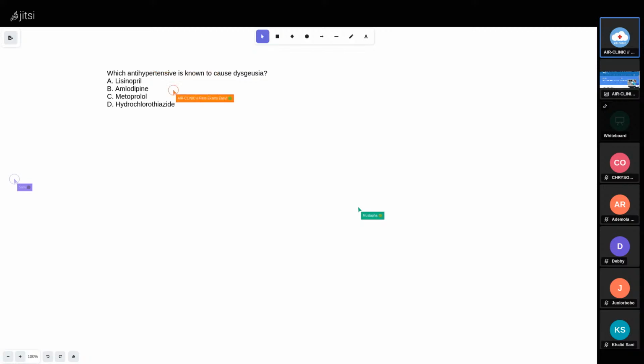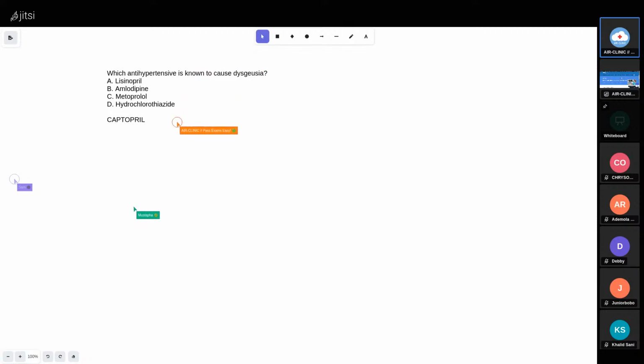Okay, so I agree with you, Doctors Junior and Sam. It's most likely lisinopril. So, what are the other side effects of lisinopril? During medical school, there's a popular mnemonic that we used for the side effects of ACE inhibitors. It goes captopril, right?